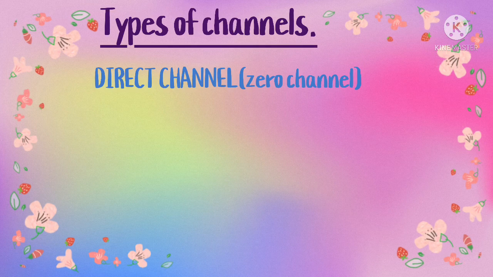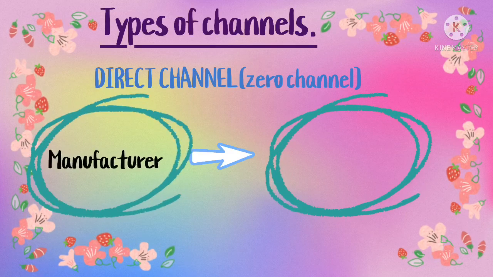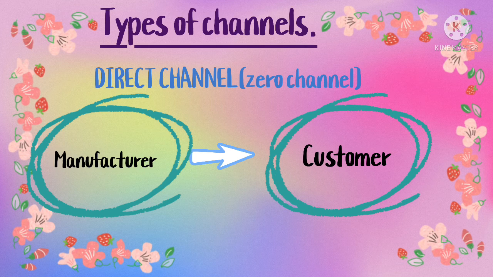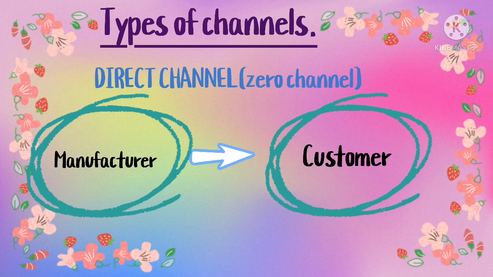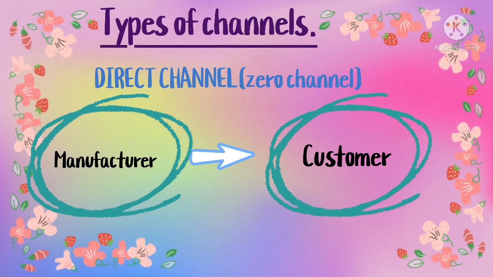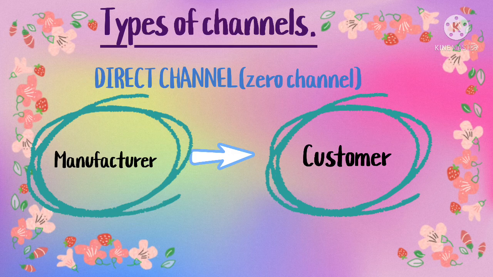Under this, the first one is the direct channel or zero channel, and this is one of the most simple and the shortest modes of distribution. In direct distribution, the goods are made directly available by the manufacturer to the customers, without involving any intermediary or middleman. So this is also called a zero level channel.